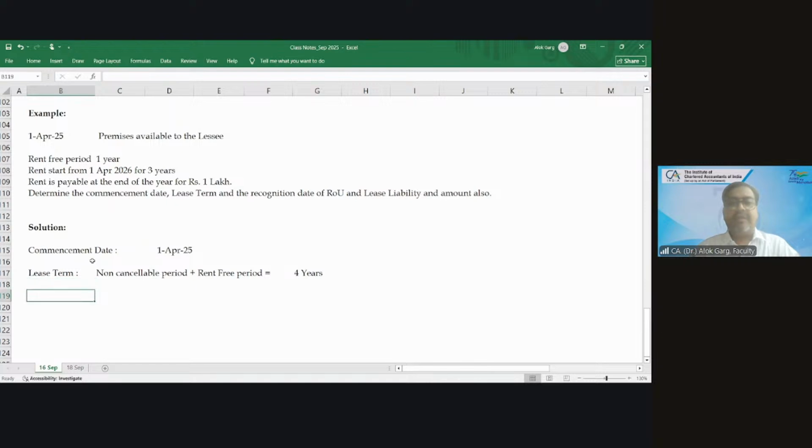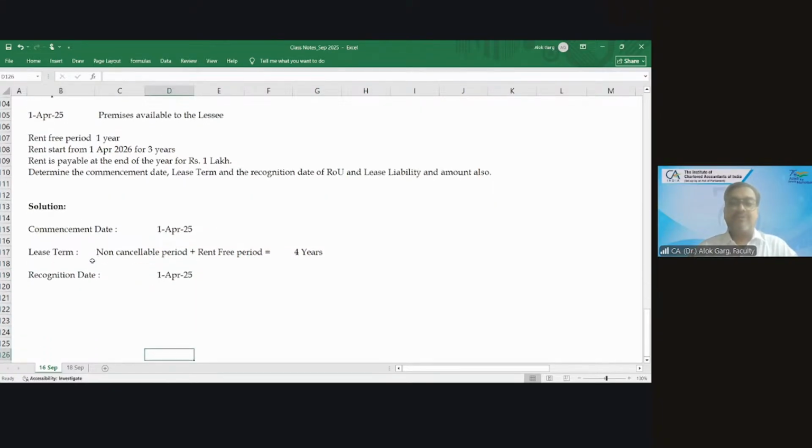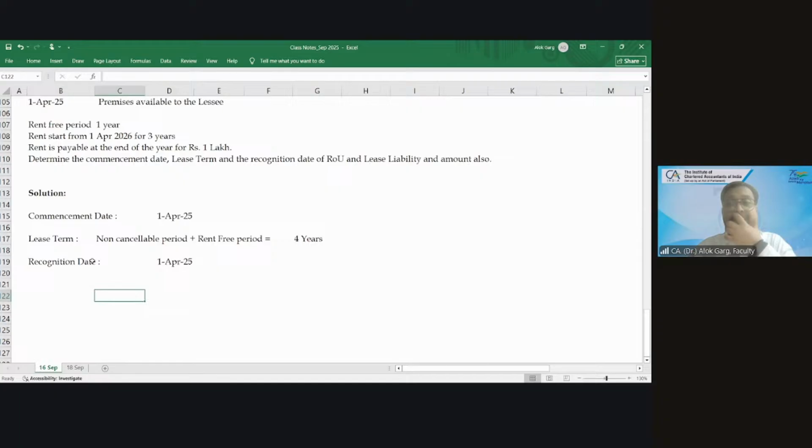And the recognition date of ROU and lease liability. What is the recognition date? From when will we start the accounting? Commencement date, 1st April 2025. Then amount also. Tell me what is the value of ROU and lease liability. Prepare the schedule.